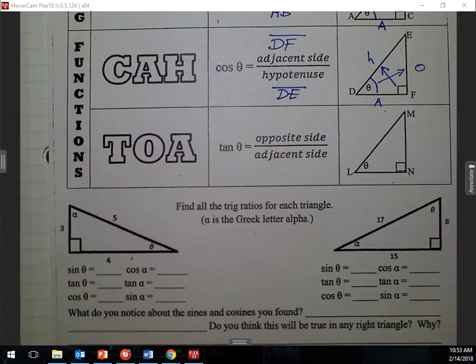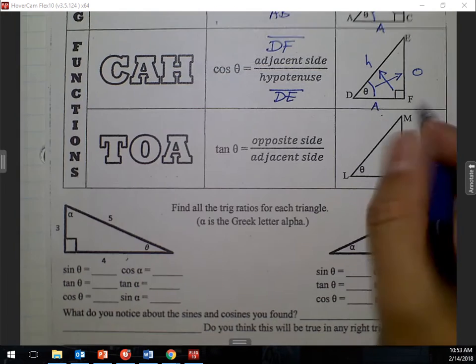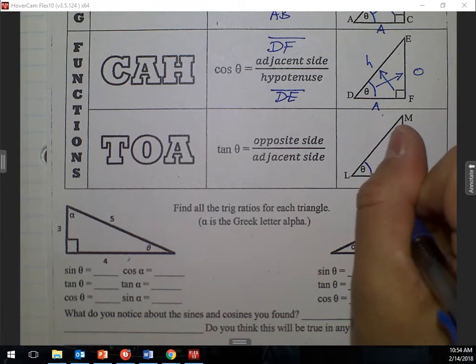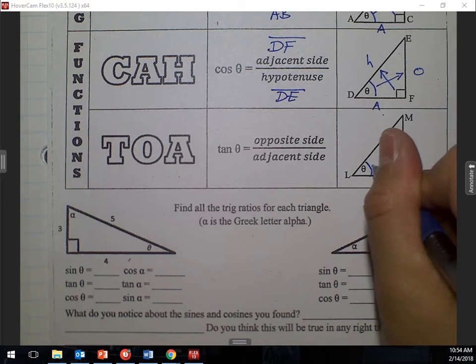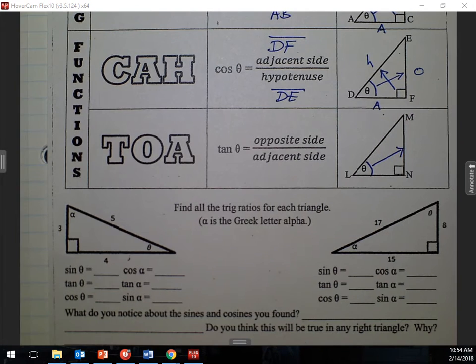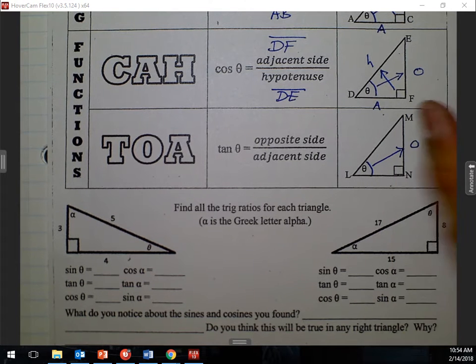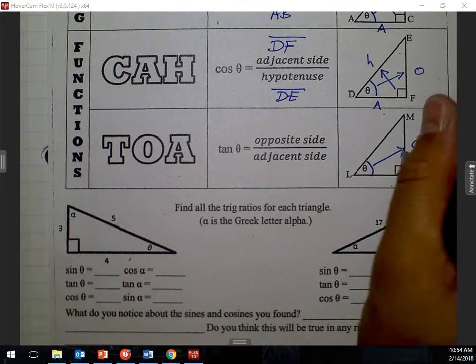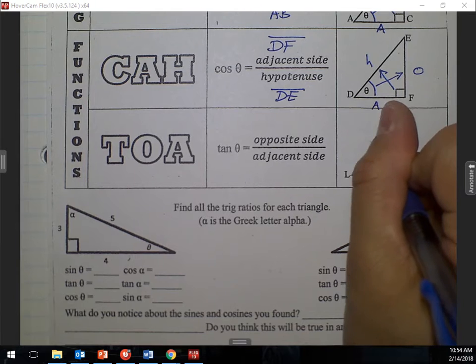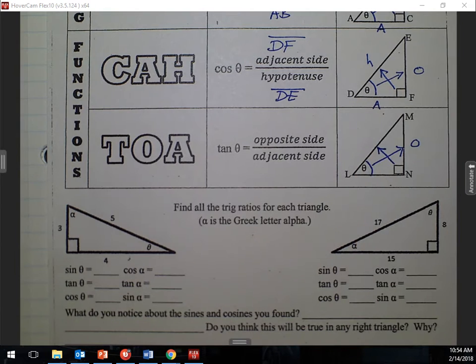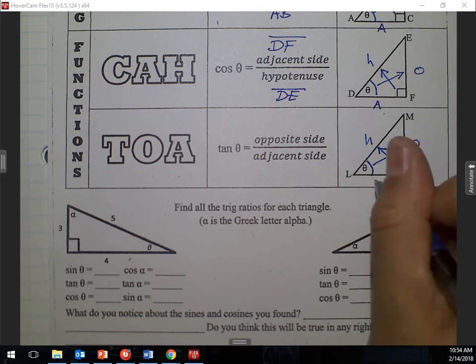My tangent, so I'm going to keep labeling it. So my reference angle here. Draw my arrow across from my reference angle. So that one's going to be labeled my opposite. Very good. Call that O. Here's my right angle. Draw an arrow across. That one is my hypotenuse. And my last one is adjacent.